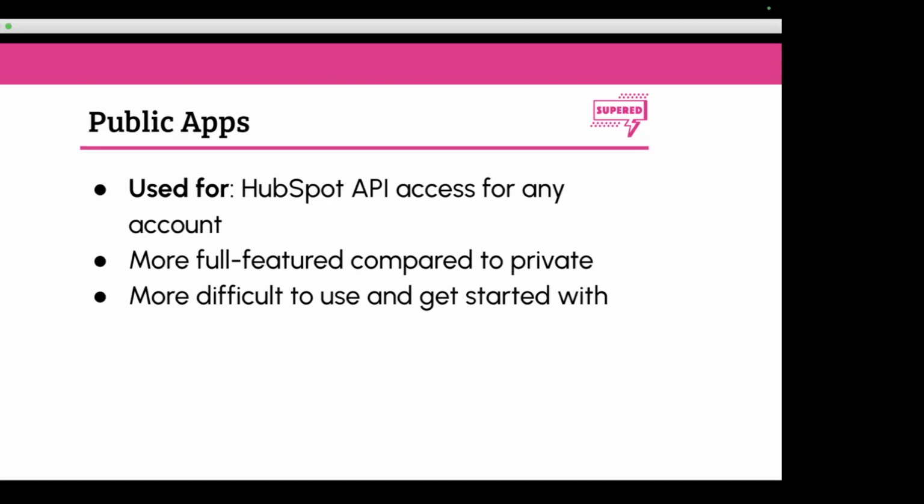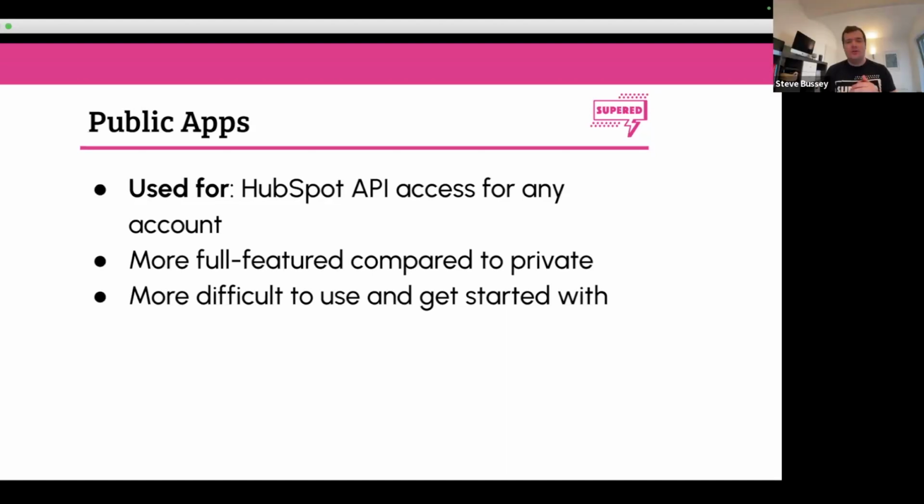And basically, OAuth is used in order to give API access in a secure way. So this is more full-featured when you compare to the private app, but it doesn't have the serverless functions, but it does actually have access to more API features. And this is more difficult to use and get started with.